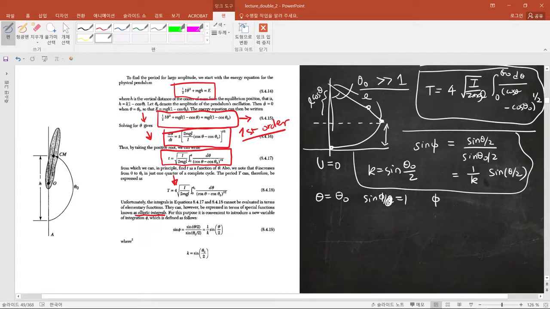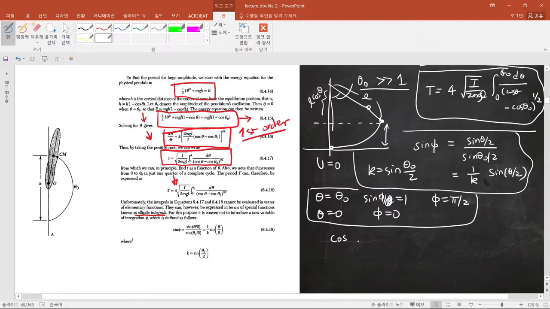Therefore phi should equal pi over 2. And when theta is equal to 0, of course phi should equal 0. So you have these boundary conditions, and then use this form here.